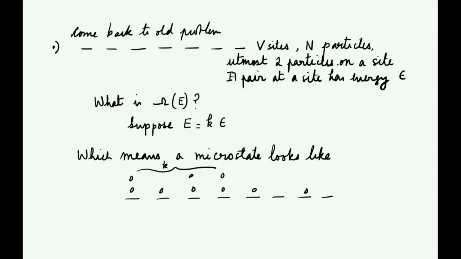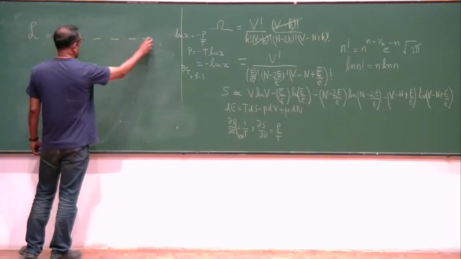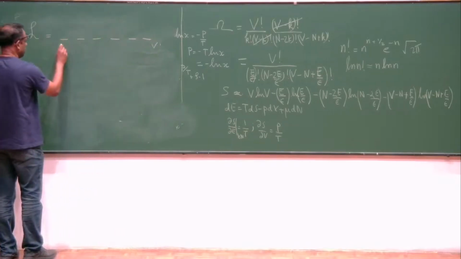You have V lattice sites and n particles. If two particles are on the same site, you have energy epsilon. But I want to do an ensemble where the number of particles is fluctuating, and the energy is also fluctuating. That partition function I called L. So I have V sites. In each site, I could have 0 particles, 1 particle, 2 particles.